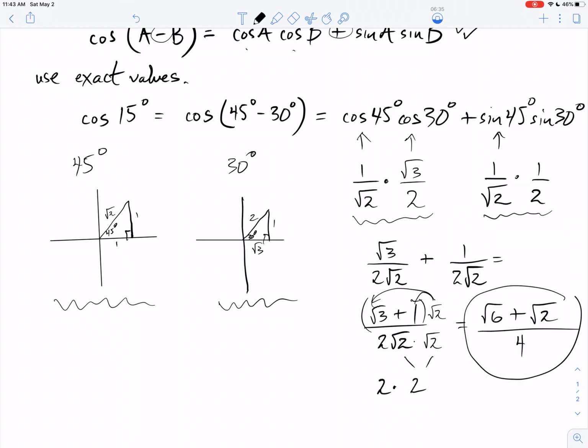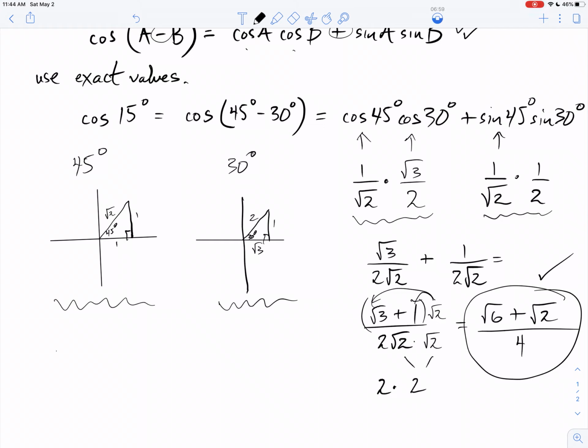So the answer I'm looking for is rad 6 plus rad 2 over 4. You cannot add the rads together and call it rad 8 or anything crazy like that. That is what your answer is going to look like. Get used to it. You see a lot of answers that are very similar in this section. That's your answer, rad 6 plus rad 2 over 4.